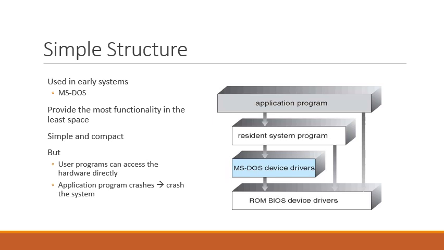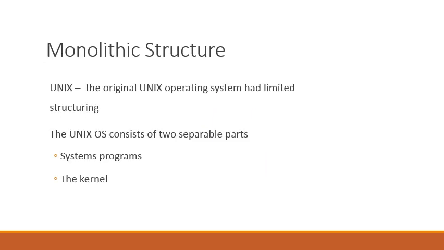Despite these limitations of the MS-DOS operating system, this operating system was simple, compact, and efficient. Unix is another example of an operating system that has limited structure. The original Unix consists of two different parts: the system program part and the kernel part.